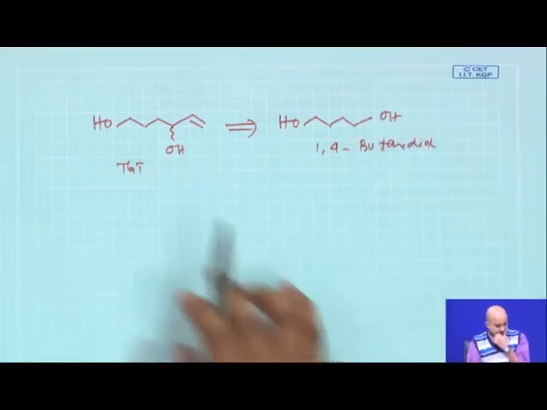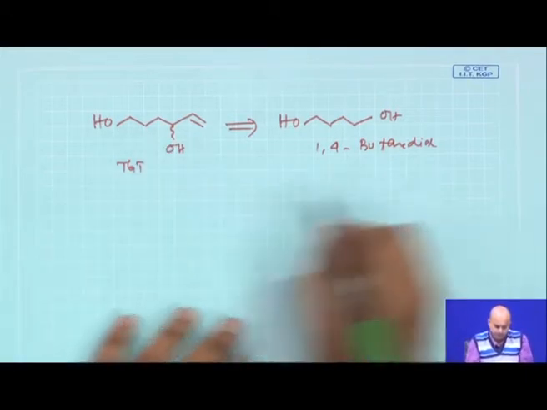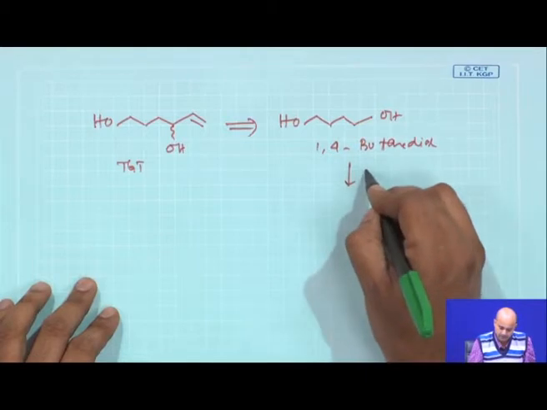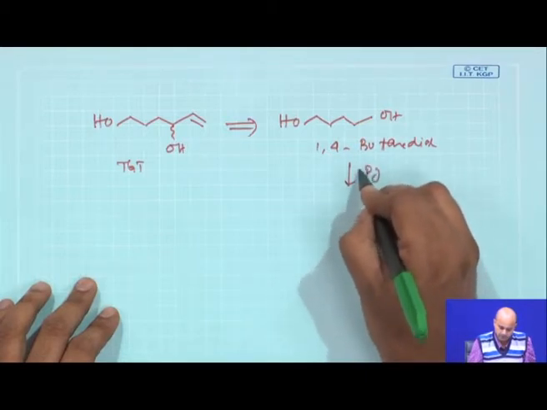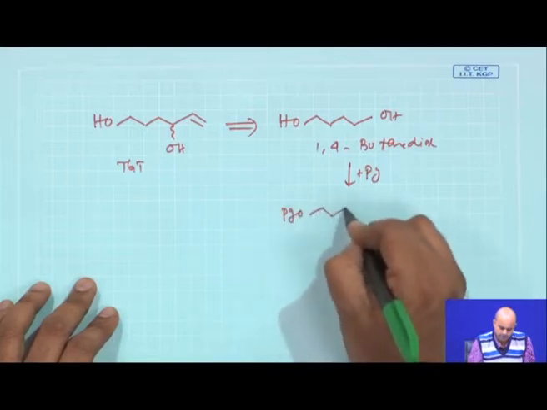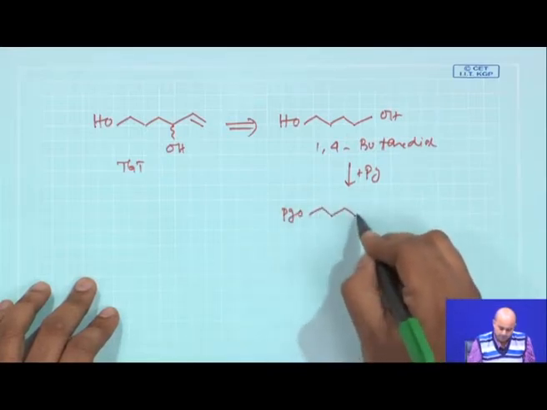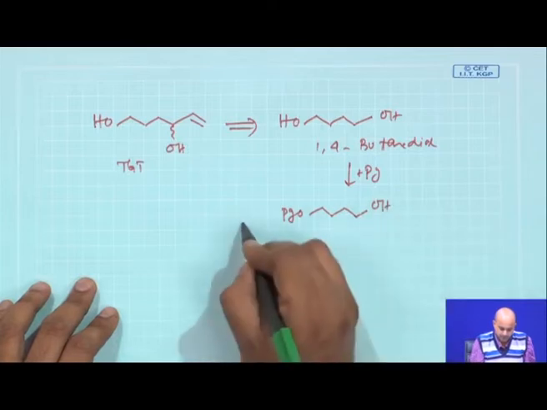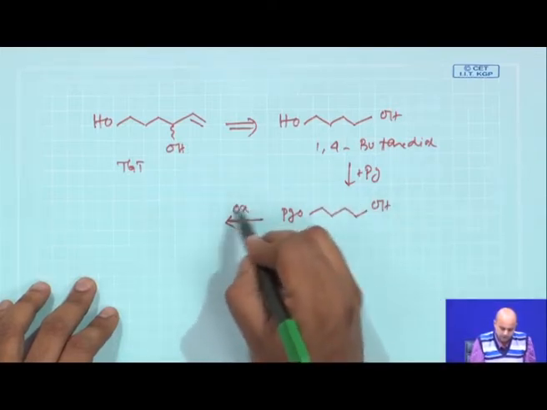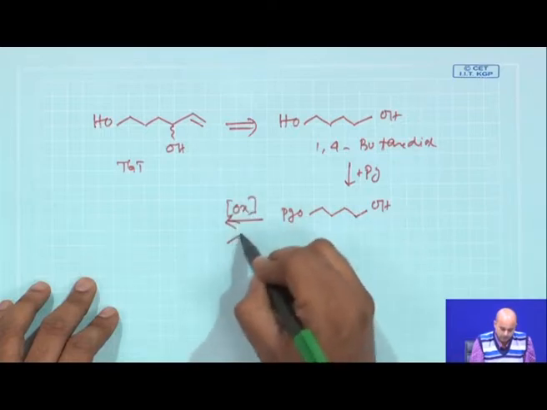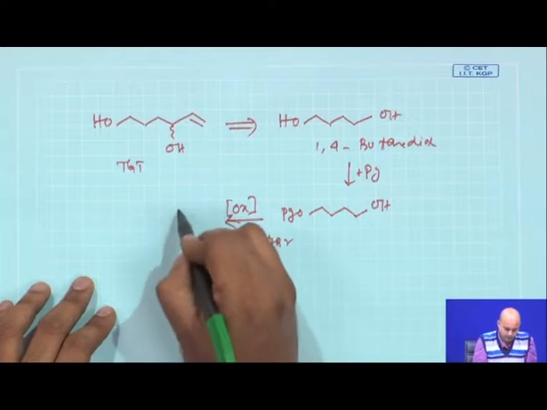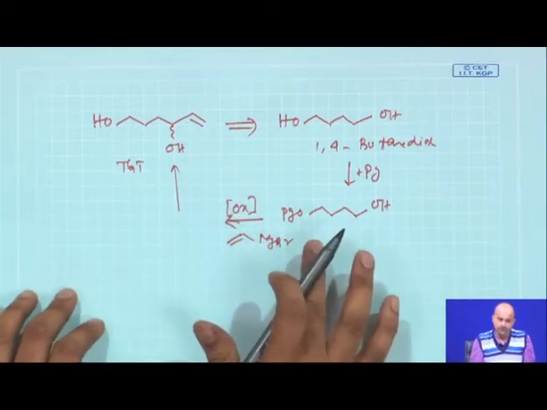This one you can simply do by a very conventional reaction. You do a monoprotection, so basically you get OPG and OH. Now, what you do? You do an oxidation and then you add vinyl magnesium bromide to get the target molecule. It is as simple as that.